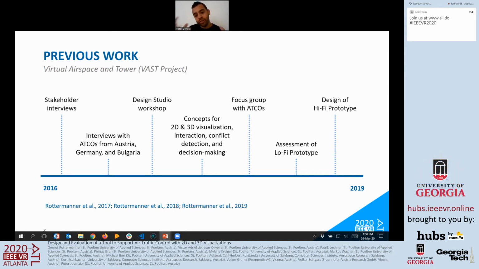And we used all of this knowledge to come up with this final version that's assessed in this publication. And all of this process is well documented also by previous publications as well.